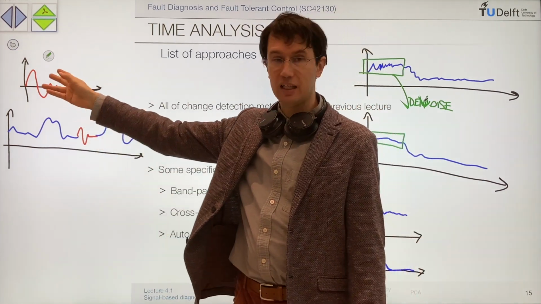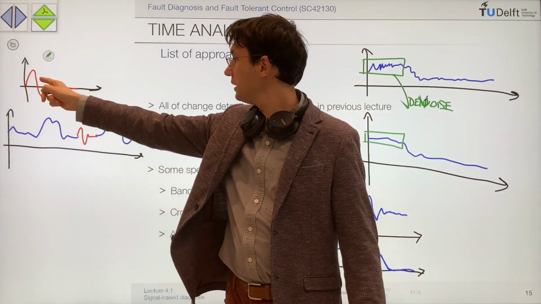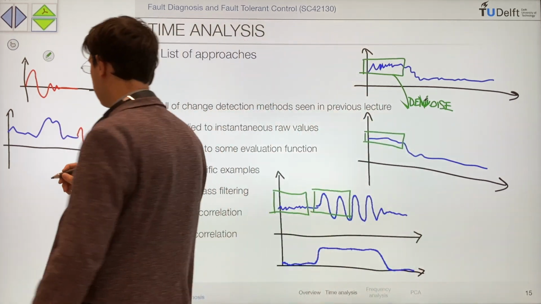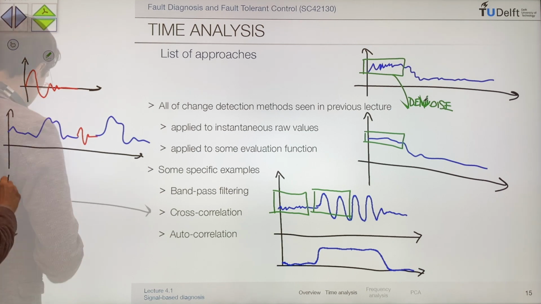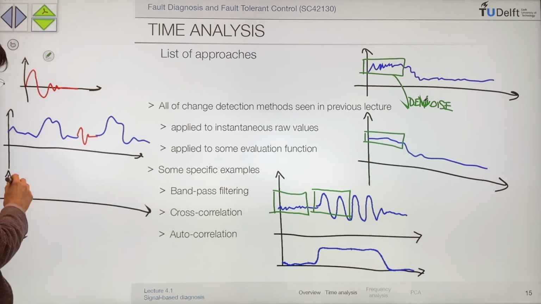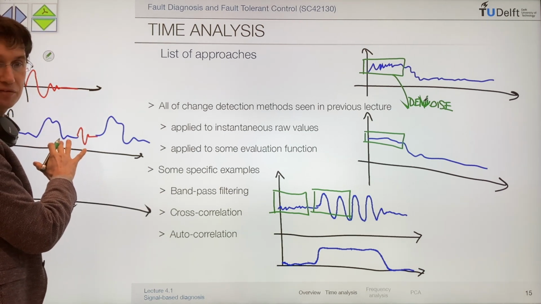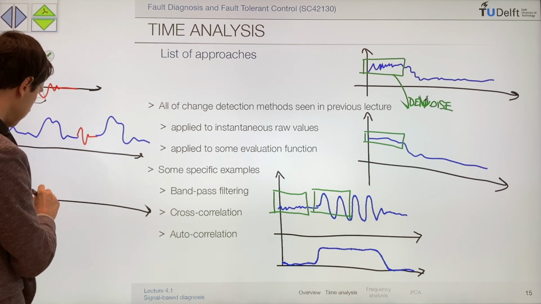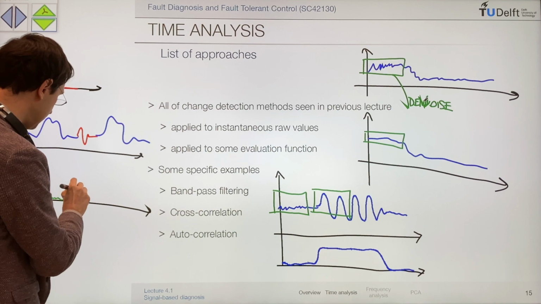If you take the cross-correlation between this signal and this signal, what you get is pretty much like this. When the signal is normal, if the signal itself is not similar to the faulty signal, the result of the cross-correlation is small, but here we have a peak.